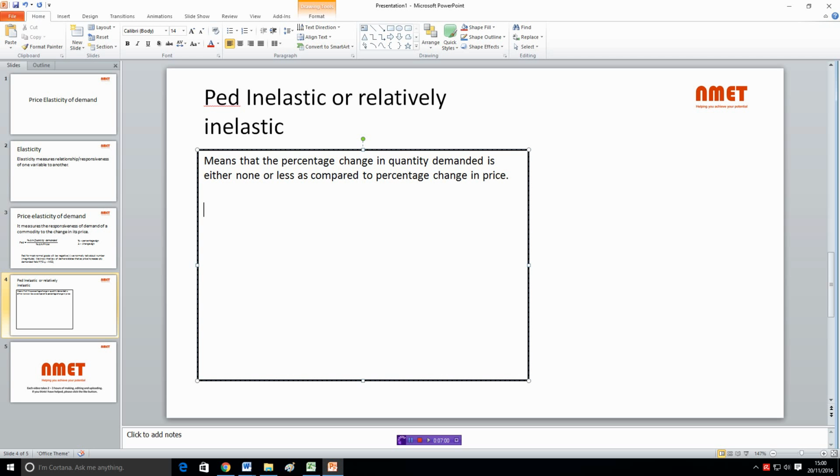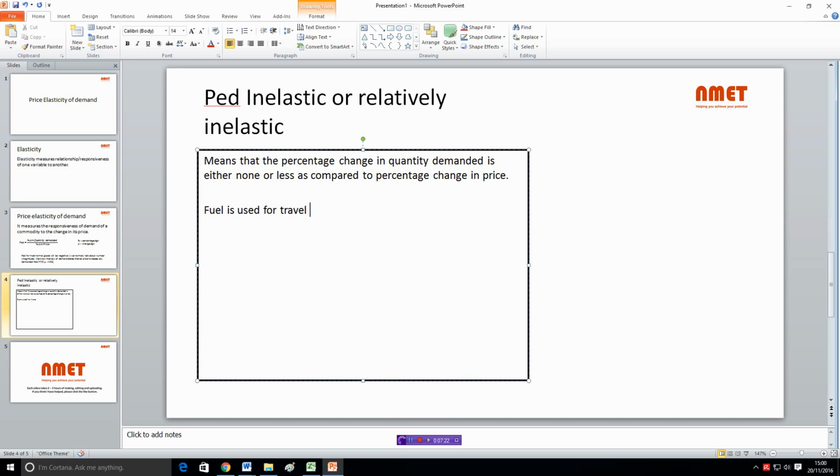Let's consider two goods. Fuel. Now, what do we normally use fuel for? It depends on what type of fuel. Normally for the car, I'm talking about petrol, diesel. Well, fuel is used for travel, isn't it?